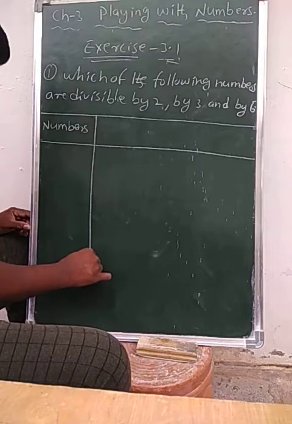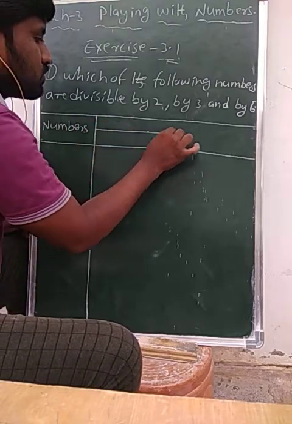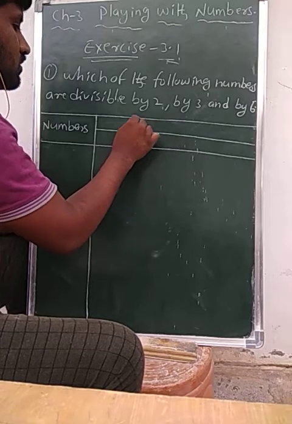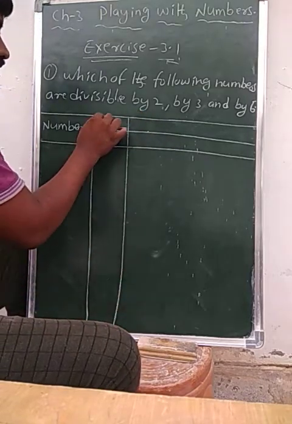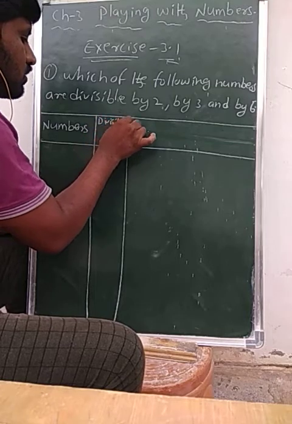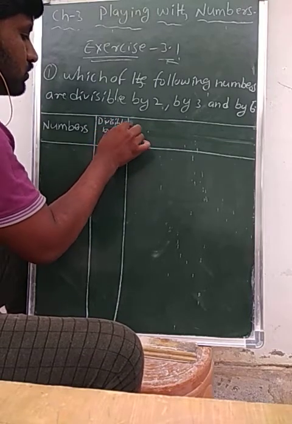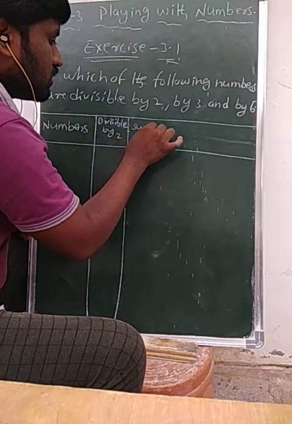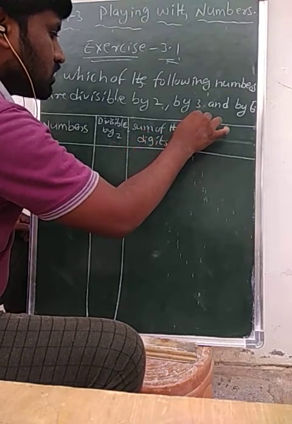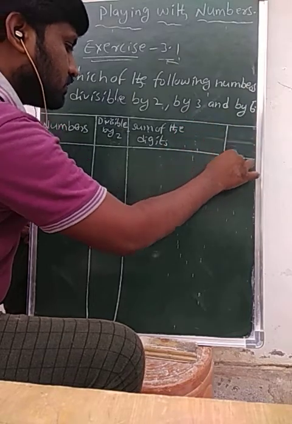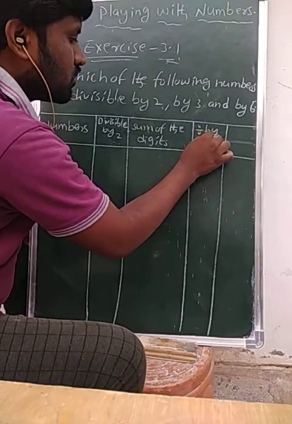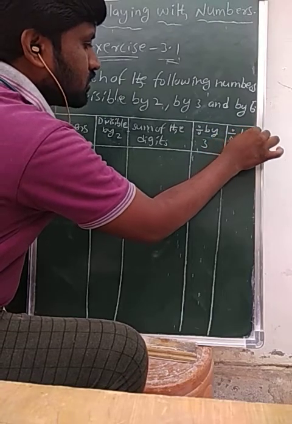Numbers here, divisible by 2, and next sum of the digits, divisible by 3, divisible by 6.